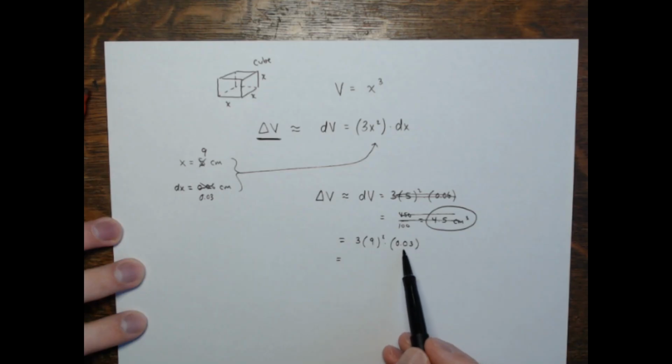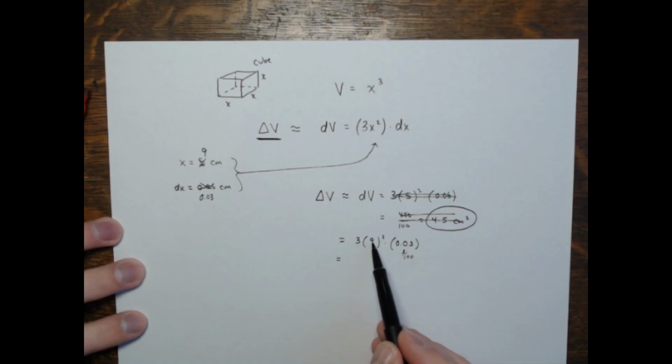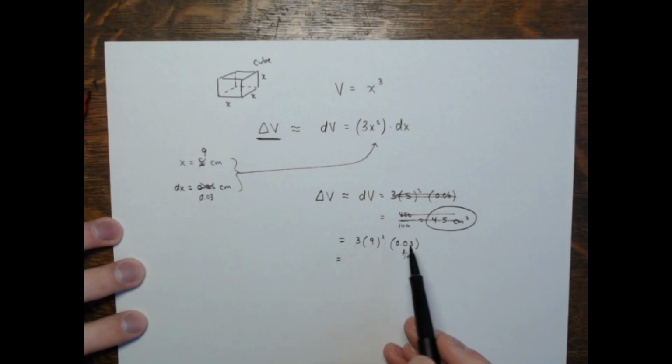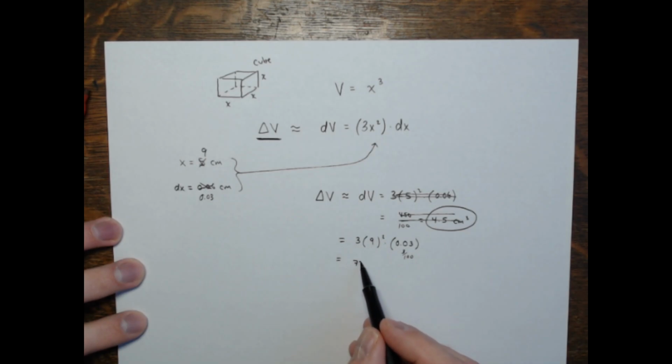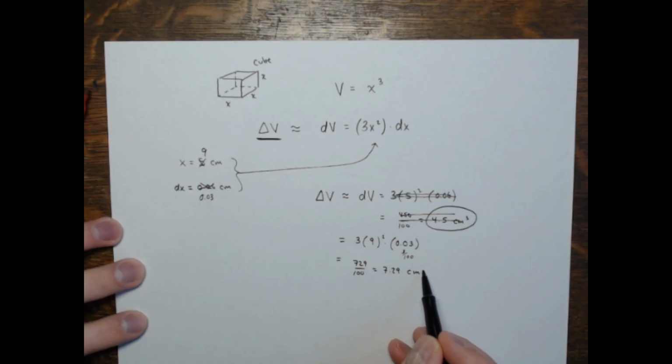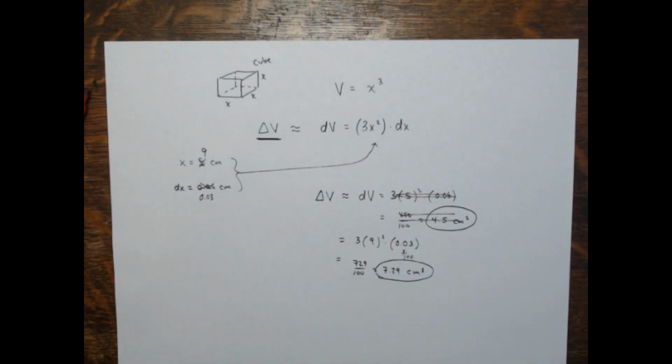So this is 3/100ths, and then 81. 3 times 3 is 9. 9 times 81 is 729. So this is 729 hundredths, which is 7.29 exactly. Cubic centimeters, right? These are volume measurements. So there's our error this time.